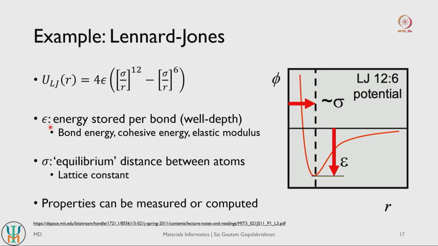Both your epsilon and sigma, since they are derived from these properties, right, these properties can either be experimentally measured, so they can be experimentally known, or they can also be computed using density functional theory or similar quantum mechanical tools. So DFT is quite good at, let us say, getting elastic modulus, getting cohesive energy and so on. It is also very good at getting lattice constants.